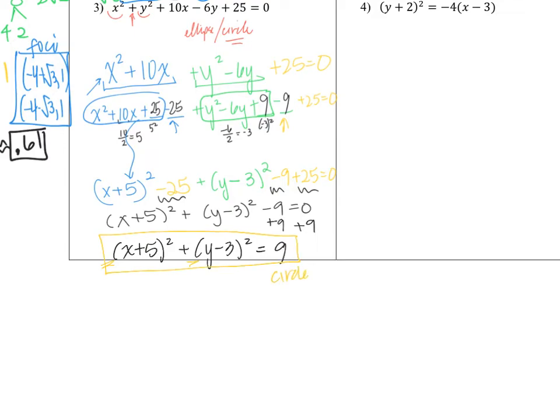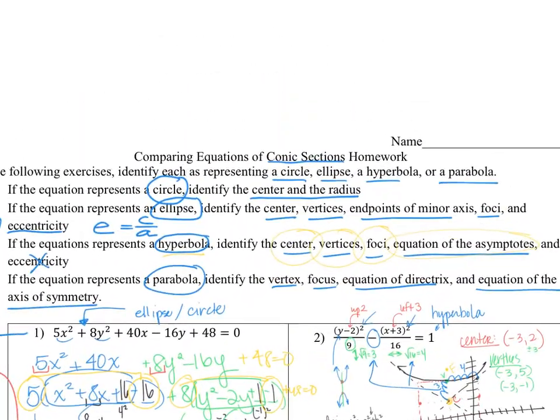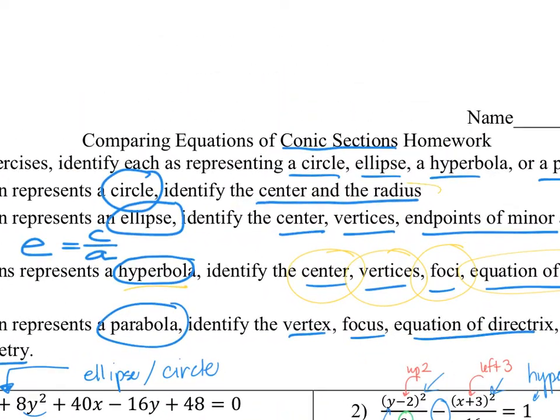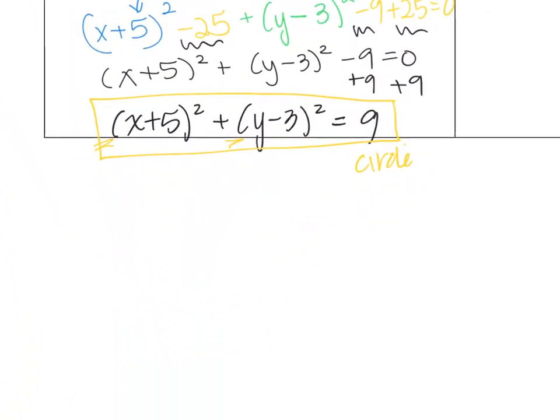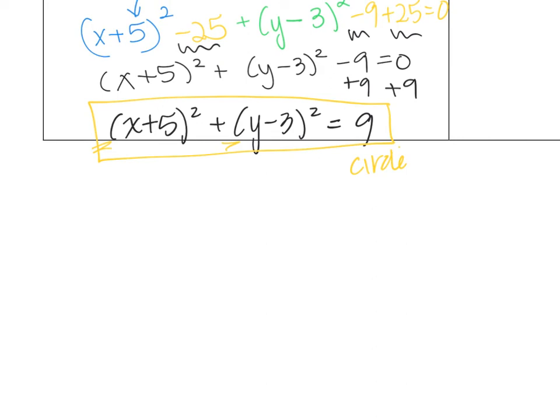And for a circle, let's go back to our direction. For a circle, all we need to identify is the center and the radius. So going back, here we go. We know already that this x plus 5 is telling us to go left 5, and the minus 3 is telling us to go up 3.